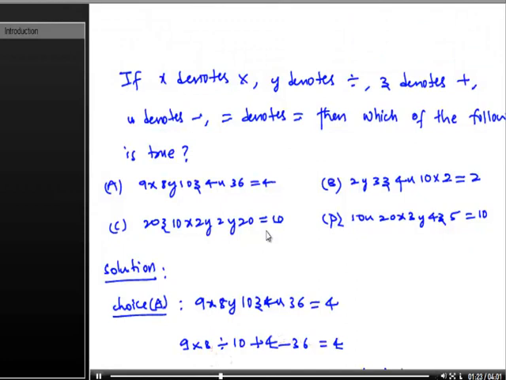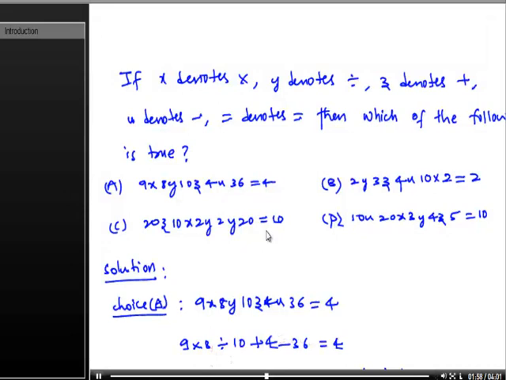Now we'll check with choice B. This implies 2, y means divide by 3, z means plus 4, u means minus 10, x means into 2 is equal to 2.